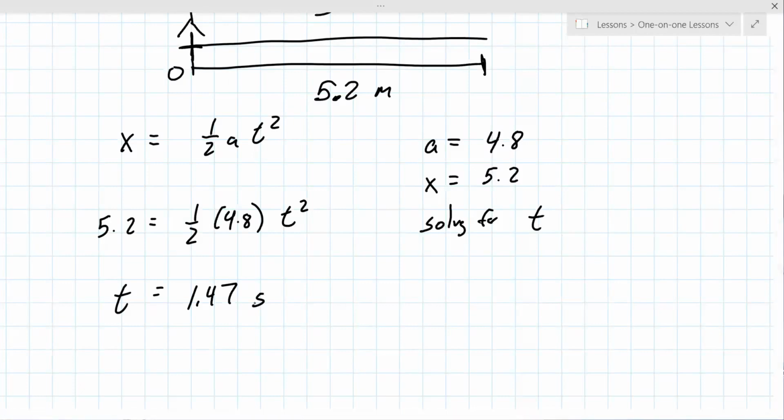All right, so I end up getting for time 1.47 seconds. I agree.